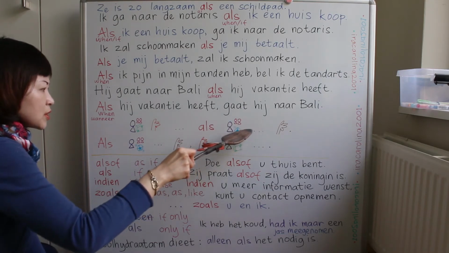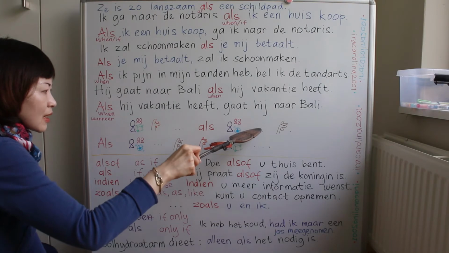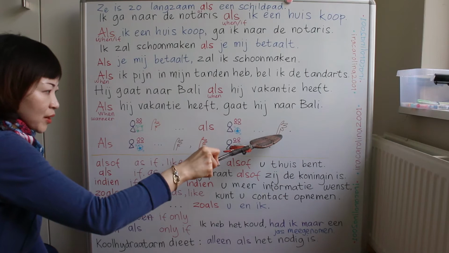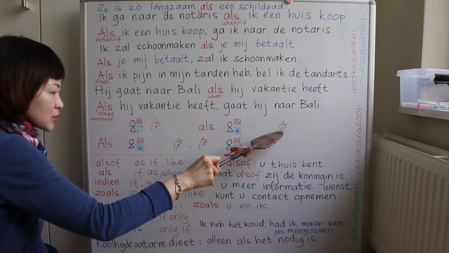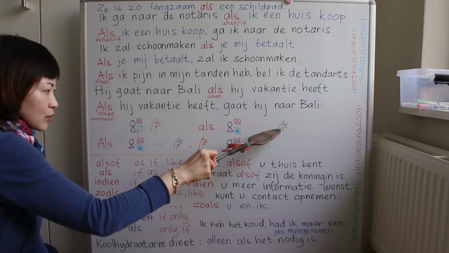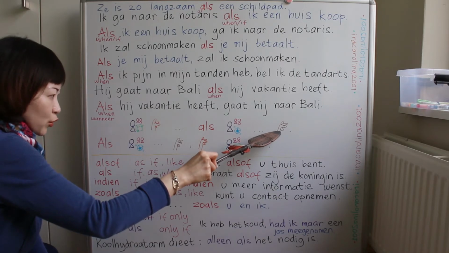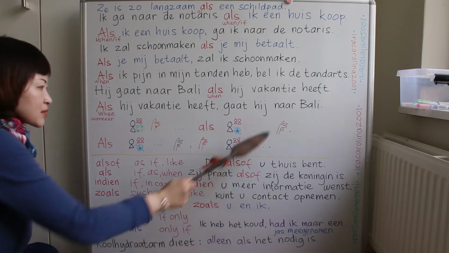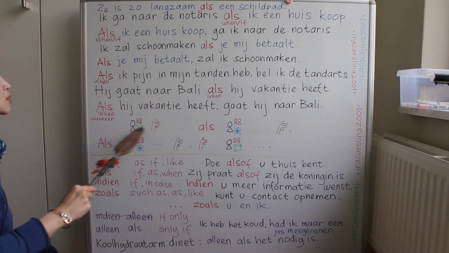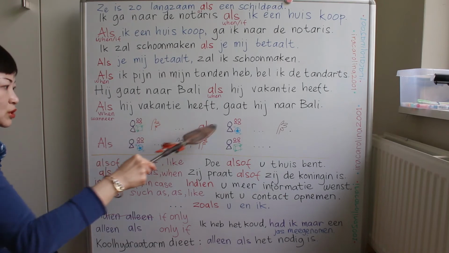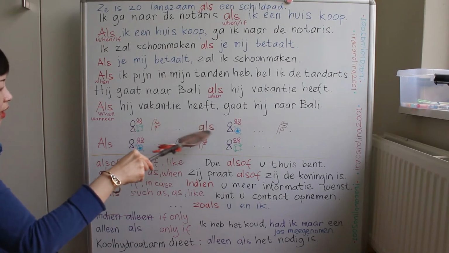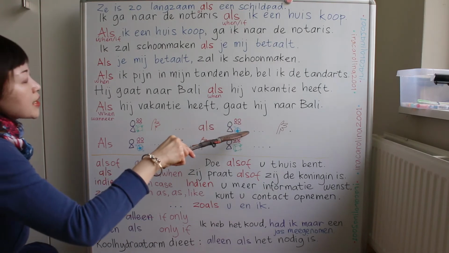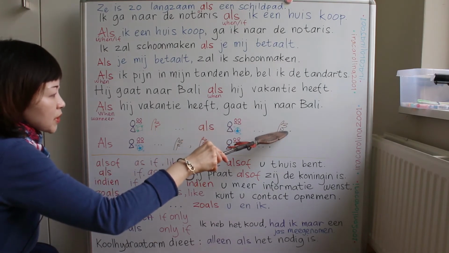After that you put the rest of the sentence, and at the end of the sentence you put the verb, or in Dutch "werkwoord". So here is normal, and then we use "als". After "als", subject, and then the verb appears at the end.